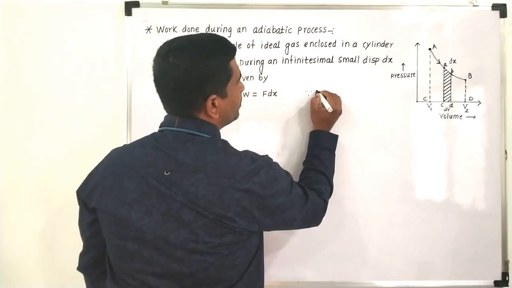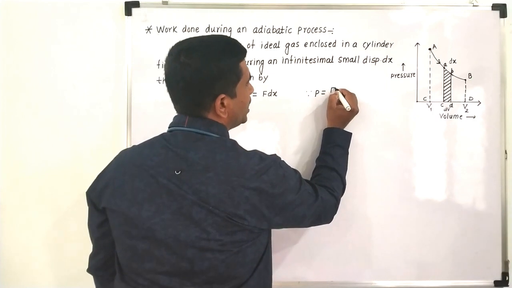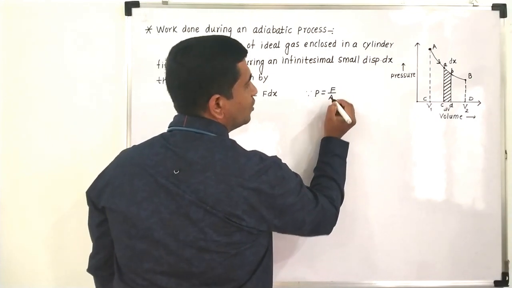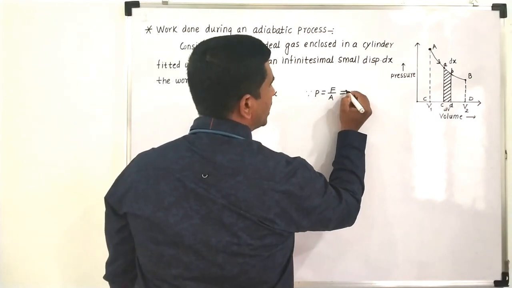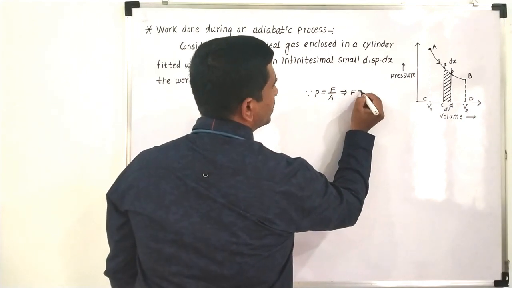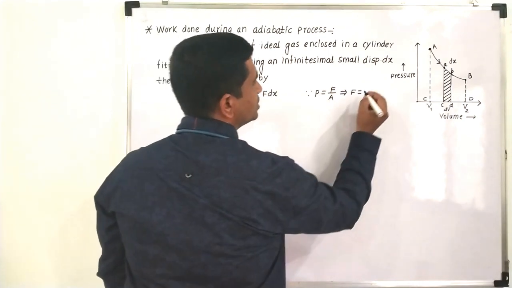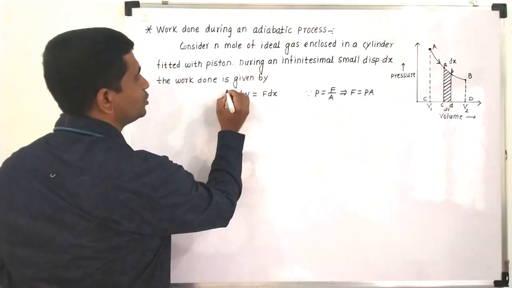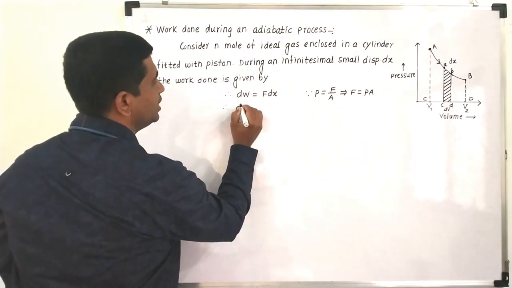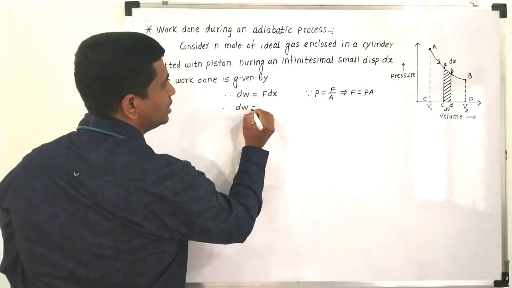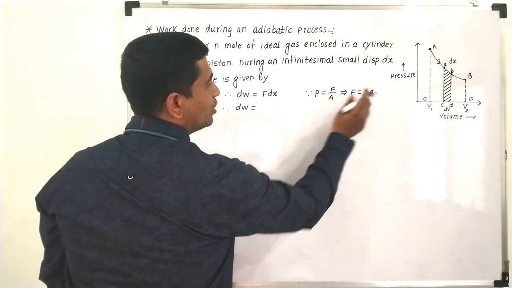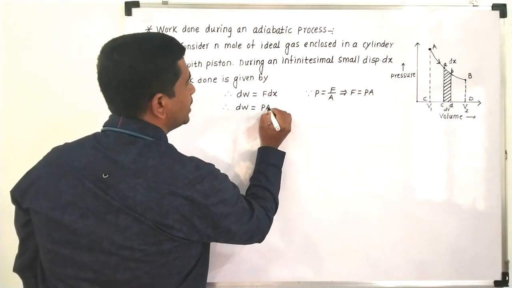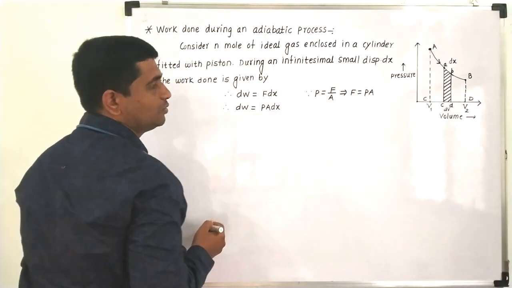But we know pressure is nothing but force upon area. From this I can write force is equal to pressure into area, if I transfer the area to the other side. If I substitute this in the equation, I get dW is equal to F dx, and the value of F is P into A, so dW is P into A into dx.